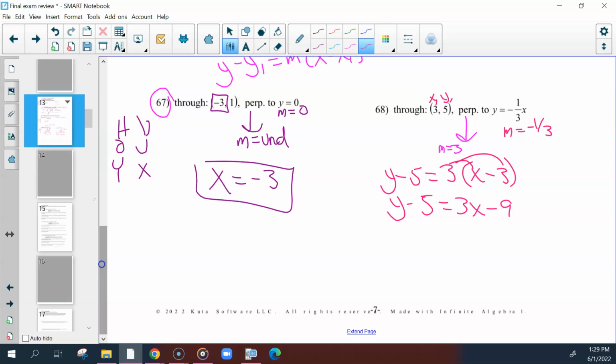And then add 5 to both sides. So y equals 3x minus 4 would be perpendicular to y equals negative 1/3 x. Any other questions on this page? Daniel.